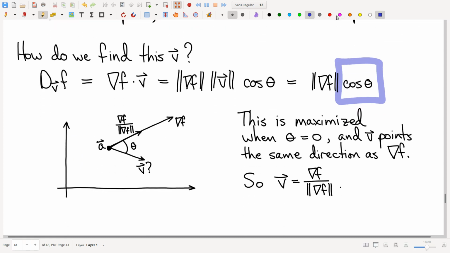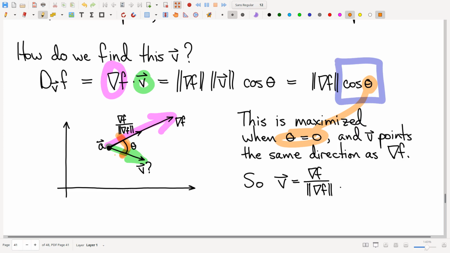Right, keeping in mind that we're talking about the gradient being dotted with our yet to be determined direction vector v, cosine theta. That's what I want to make as large as possible. And that's easy to do. If I want to make cosine theta as big as possible, I just need theta to be 0. That means I need this angle right here, the angle between my two vectors here, to be 0.